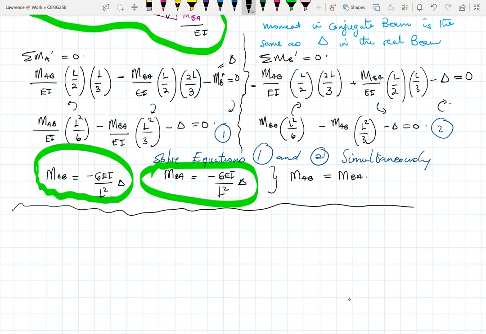So now the next thing to look at is the loads on the structure. These loads would help us to formulate what we call fixed end moment.